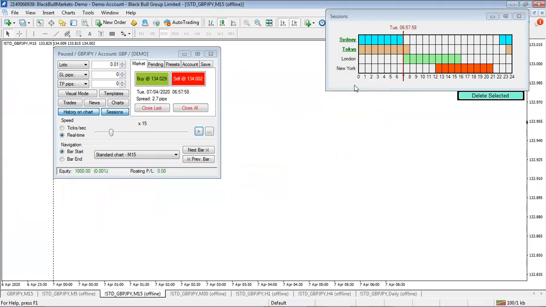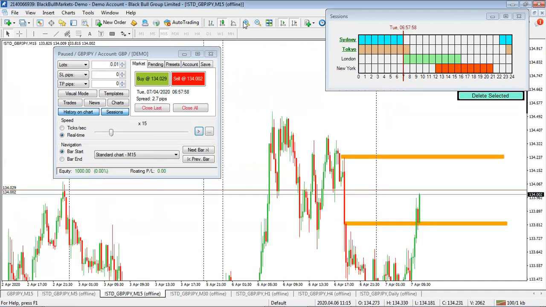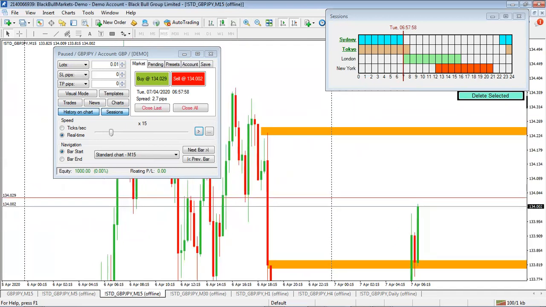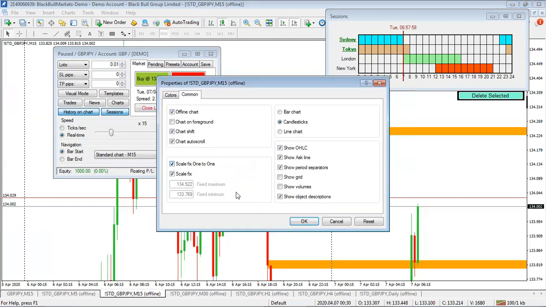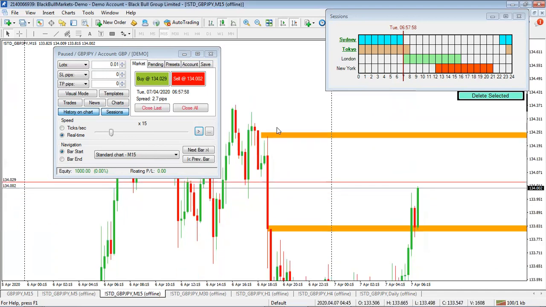Oh man, this thing is playing games with me right now. Okay, this is what I wanted now. No man, I don't want to fix this. I wanted to say scale fix. Okay, just that. Yeah, sharp. So now we are here.